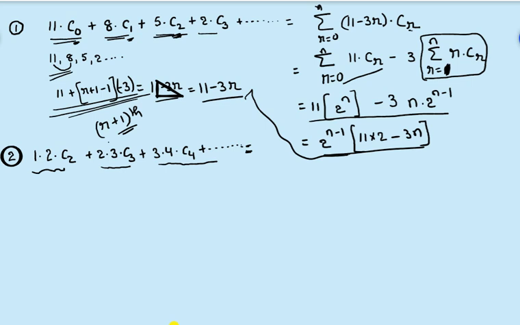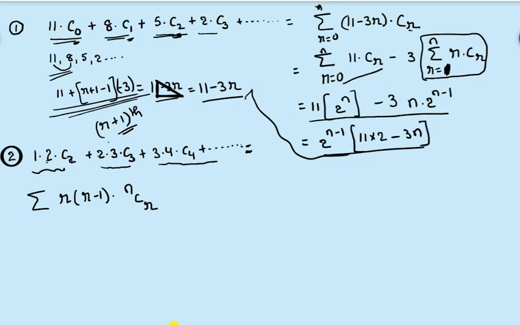So we can write that as summation of r into r minus 1 into Cr.